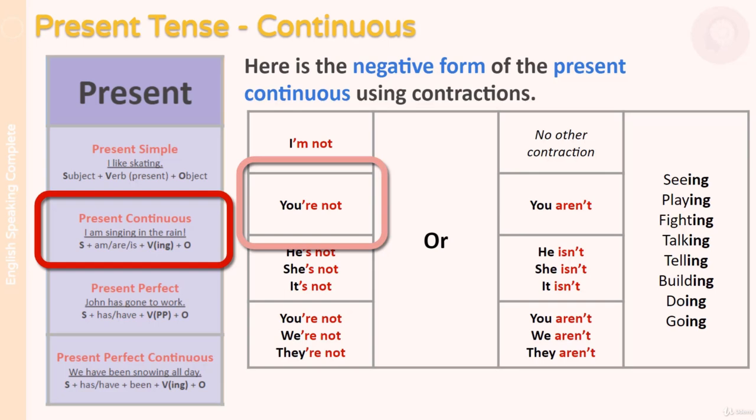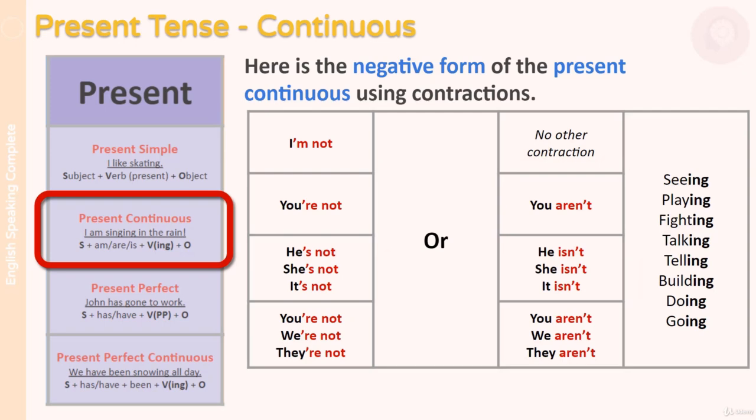So we can say, you're not playing. Or we could also say, you aren't playing. Now, it doesn't matter which one you use, really, both are okay. And it's probably good to be able to use both as well. You're not playing. Just as good as you aren't playing. And we can see all the different contractions listed here.